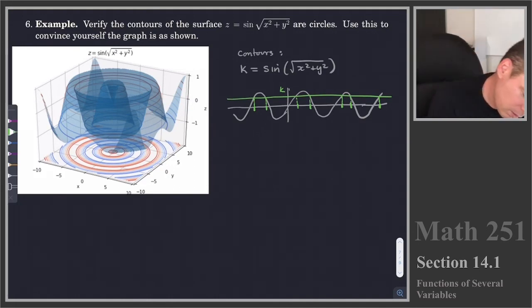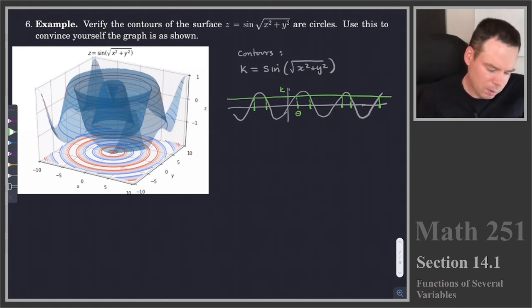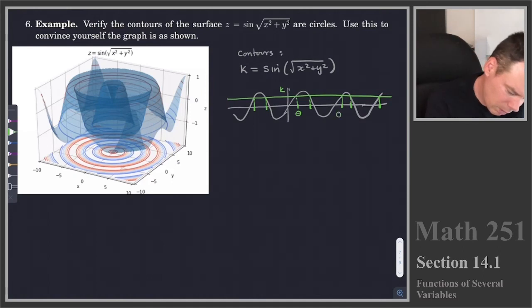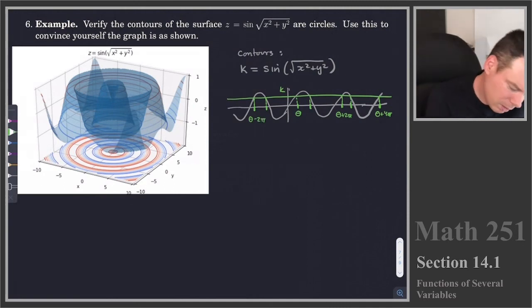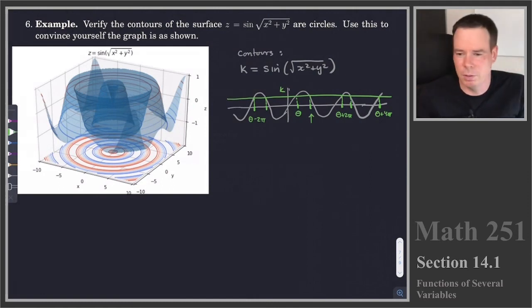And then I can look at this a little bit more closely and say, if I knew this value, maybe I'll call this value theta, then I can get a lot of the other values, because this would be theta plus 2 pi, this would be theta plus 4 pi, this would be theta minus 2 pi, and so on.